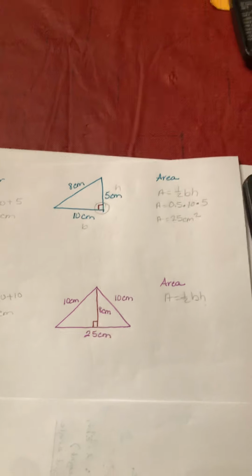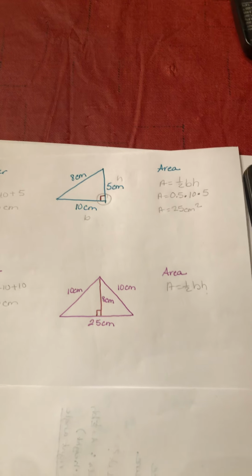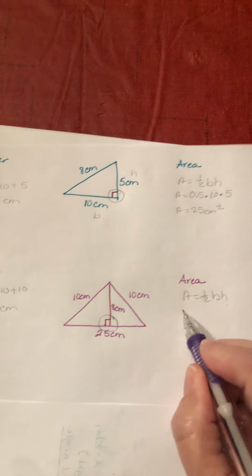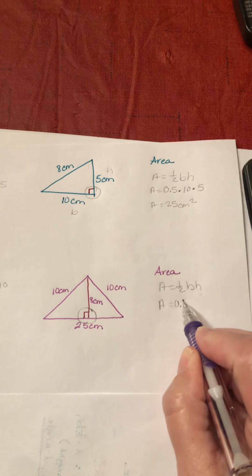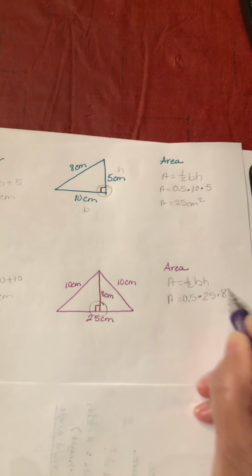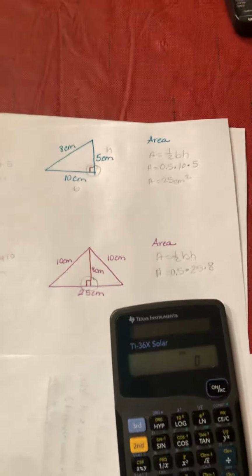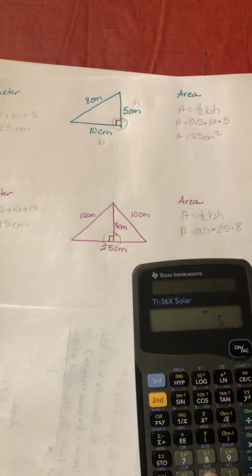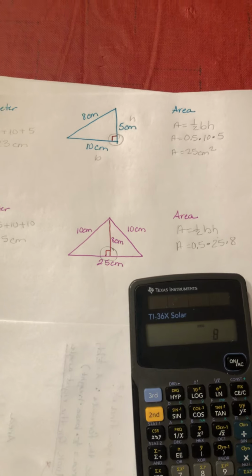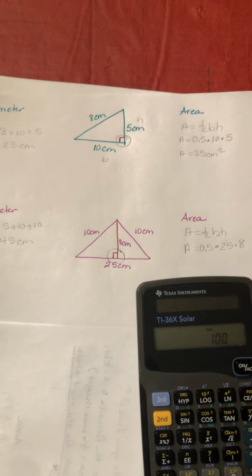So now, where was the base and the height again? Where do they meet? That's right here at the right angle. So we know that the area is half times 25 times 8. Again, take your calculator. 0.5 times 25 times 8, and it's going to be 100.